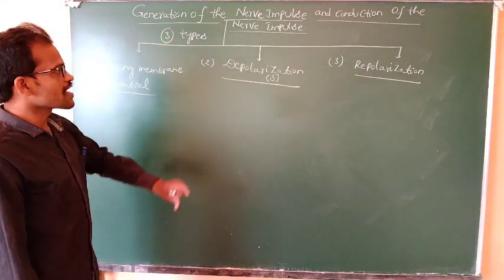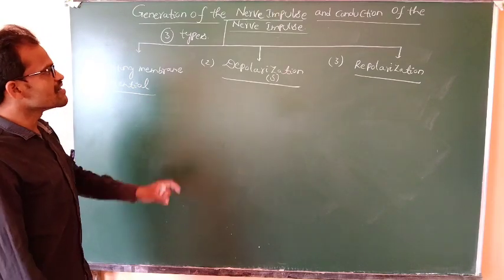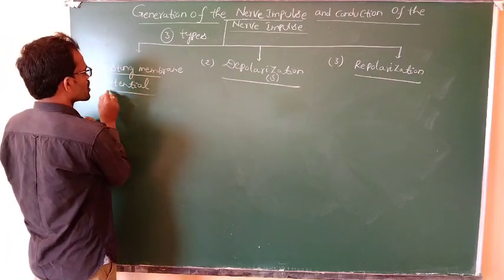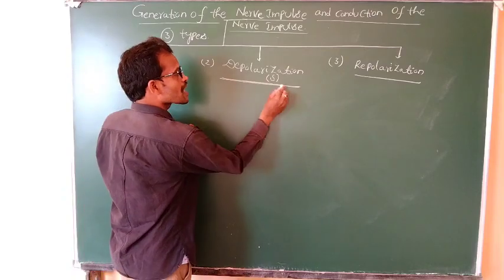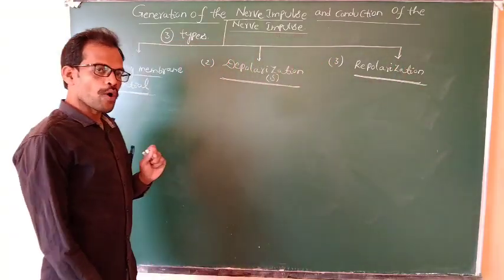Repolarization. The nerve impulse is divided into three types for our convenience. First one, resting membrane potential. Second one, depolarization. Third one, repolarization.